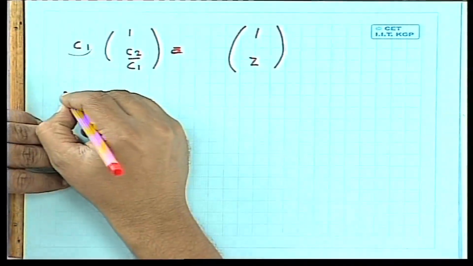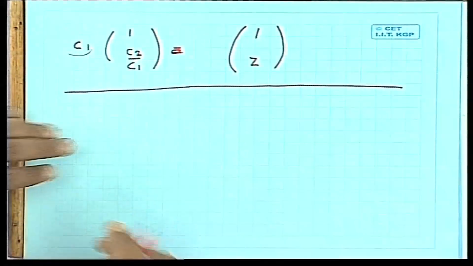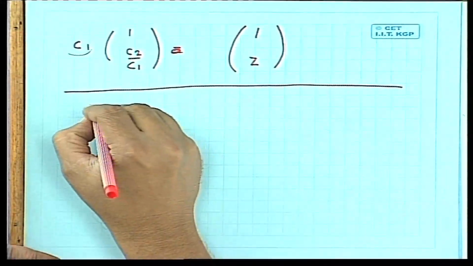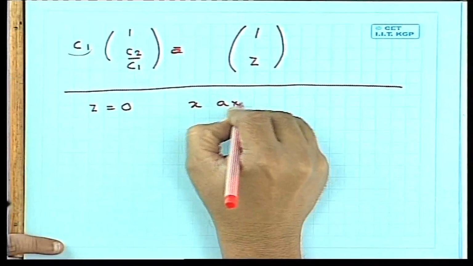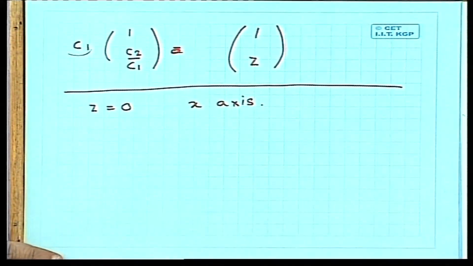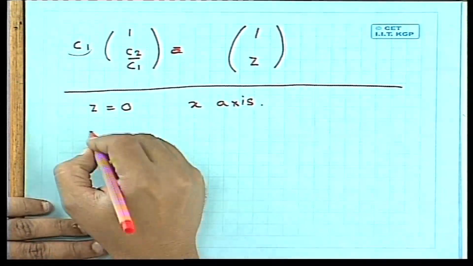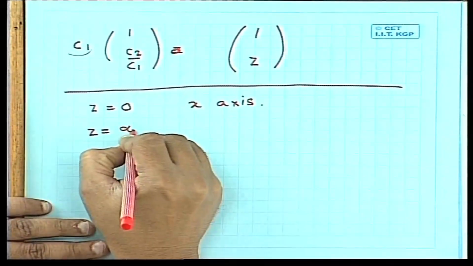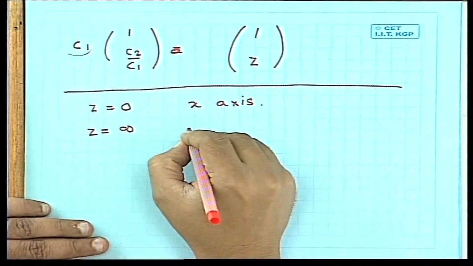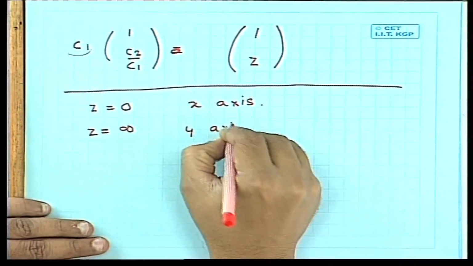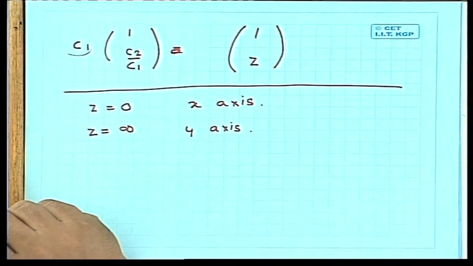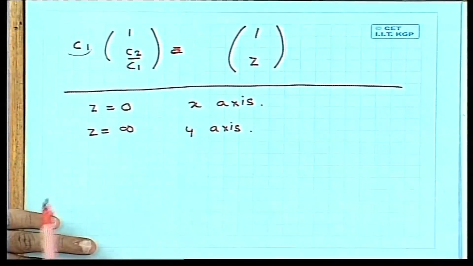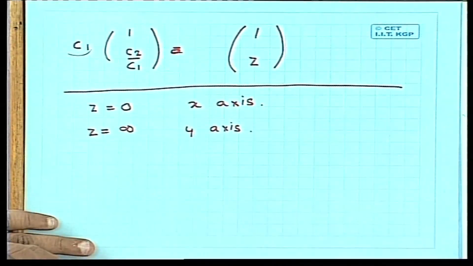Now what are the various possibilities? So if z is 0, this is light polarized along x-axis. If z is infinity, then this is light polarized along y-axis, because C1 now is 0 and C2 by C1 is infinity. So if z is infinity, then this corresponds to light polarized along the y-axis.